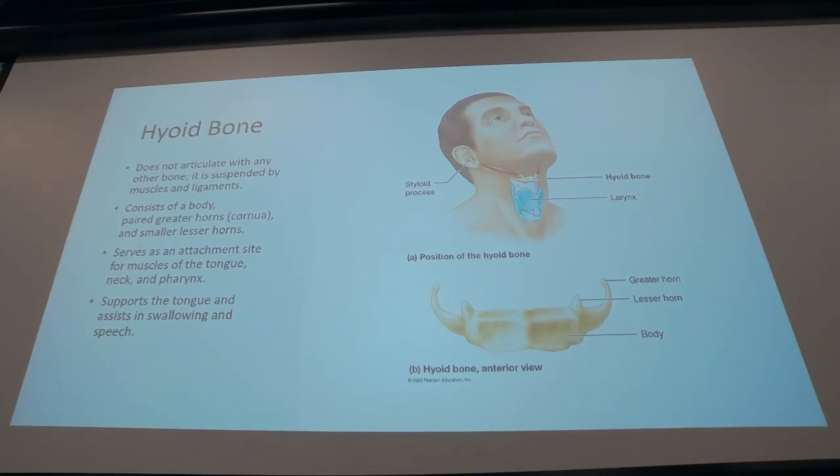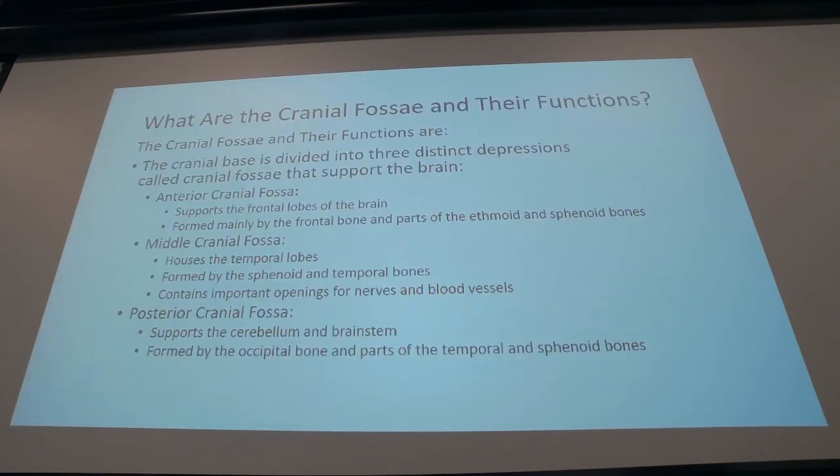Some murderers strangulate one person and then they hang the body. When someone commits suicide, the rope typically slides over the body of the hyoid, so it doesn't break. So it's there for a reason.